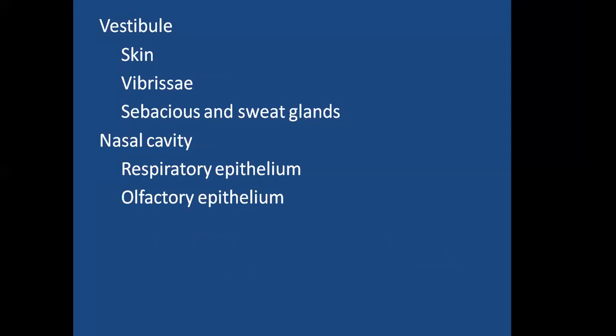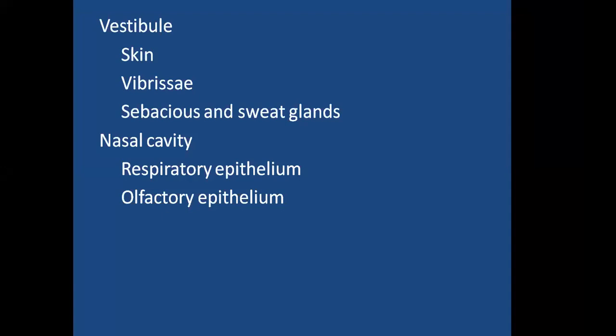Now the respiratory system starts from the nose, and in the nose, first of all, there is the nasal cavity, and in the nasal cavity, first of all comes the vestibule of the nose, the first outer structure of the nose.